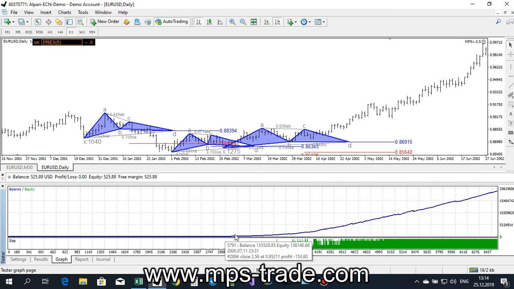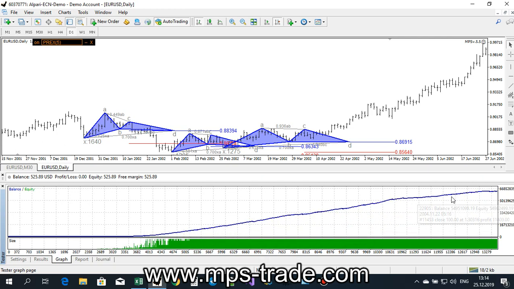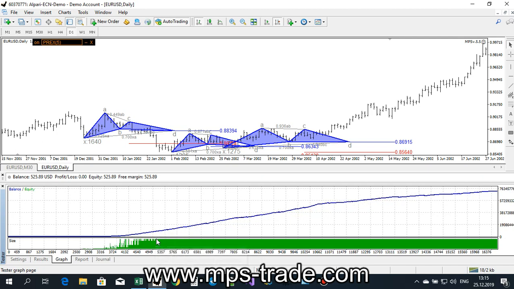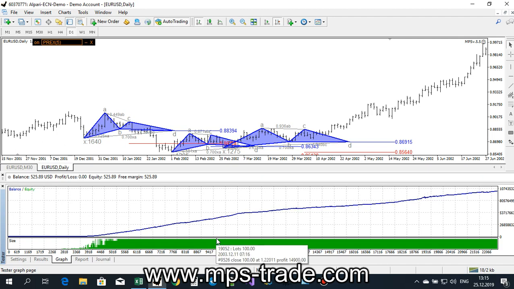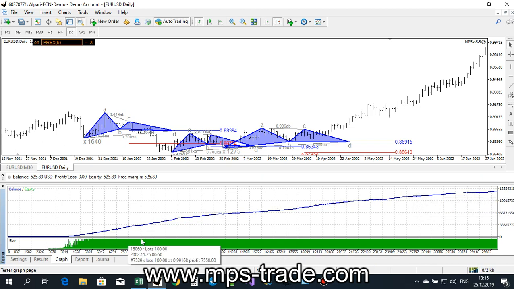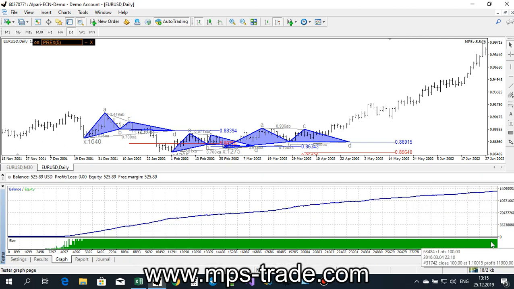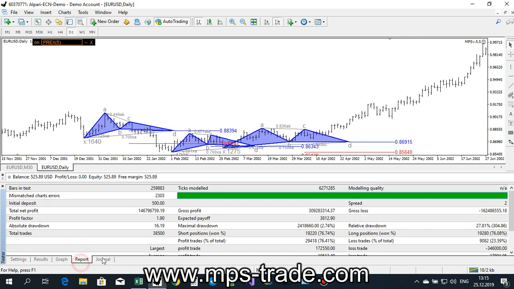You see it quickly rises the account to the maximal position size, and because of broker limitation, 100 lots is the maximal position size allowed by my broker. This becomes straight. If not for that limitation, it would become parabolic, and go further and further. So let's go to this report.